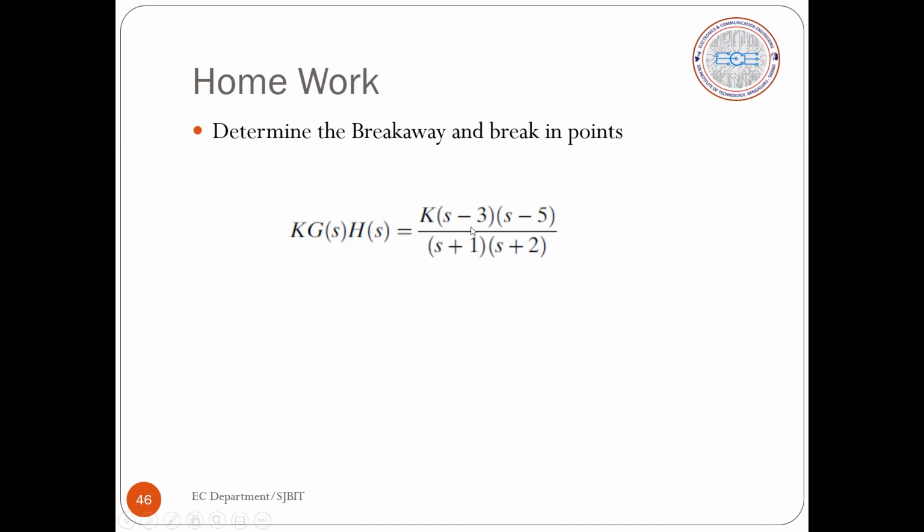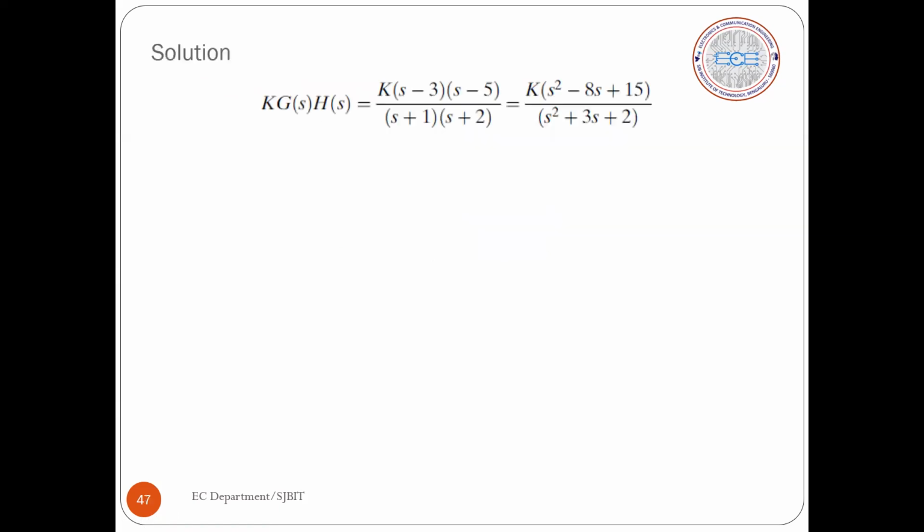Now you can take a function here, k into g of s into h of s is equal to k into s minus 3 into s minus 5 divided by s plus 1 into s plus 2. So this is the equation we have. You have to construct the characteristic equation, get an expression for k, differentiate that and equate to 0. Find the solution to that equation, which is the breakaway point.